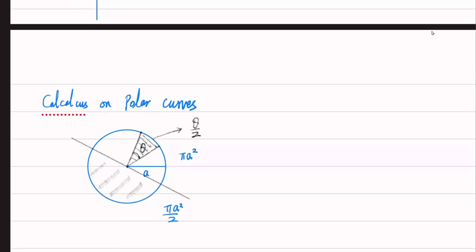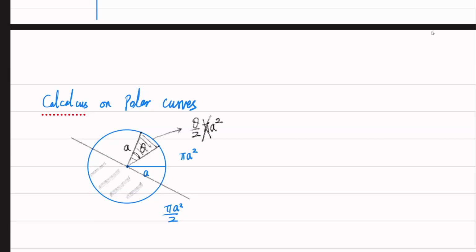Here we have the radius a. How does this change? It depends on the radius, right? So we multiply this by a squared. And there's no extra pi. Just a squared times theta over 2.